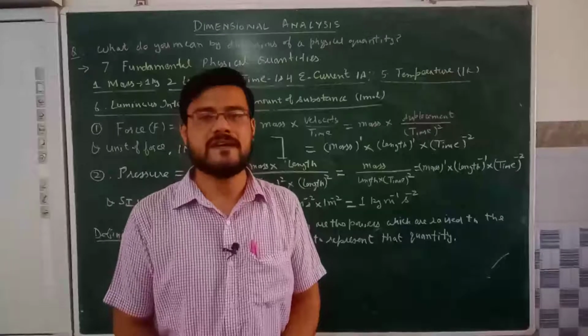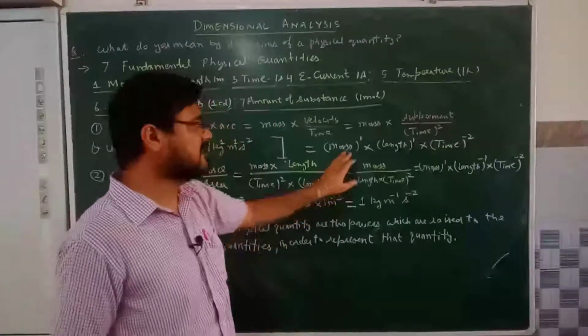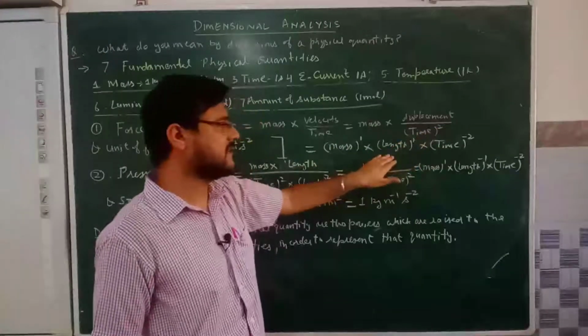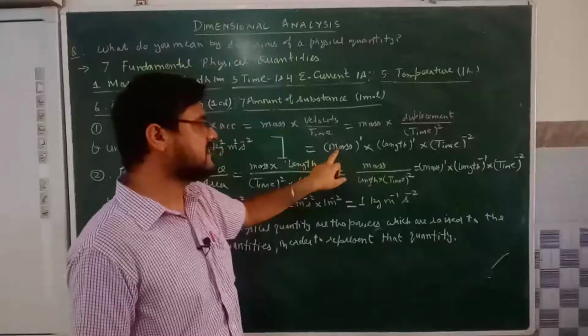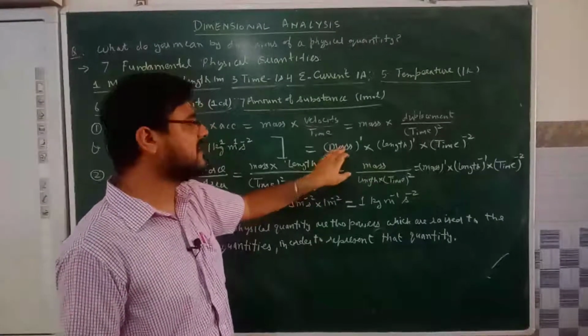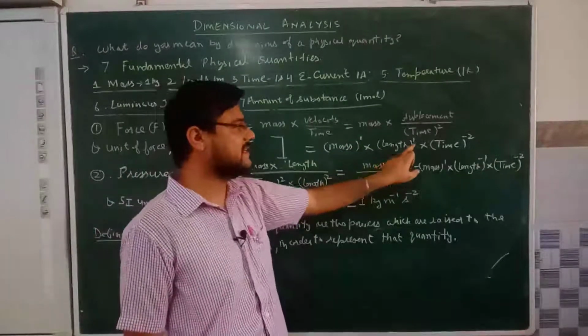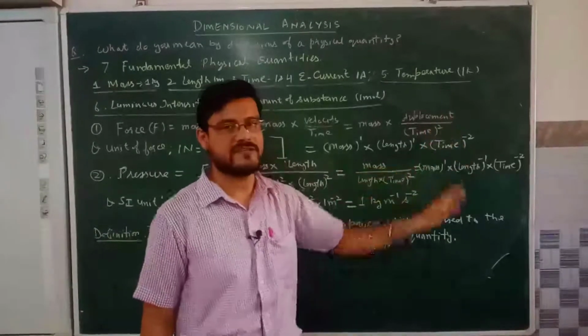So, if we replace displacement with length, and write all the parameters in this equation in the numerator form only, not in fraction form, this equation becomes finally equal to mass raised to power 1 multiplied by length raised to power 1 multiplied by time raised to power minus 2.